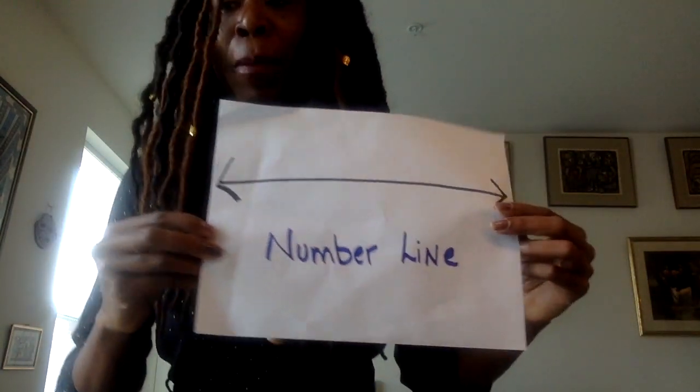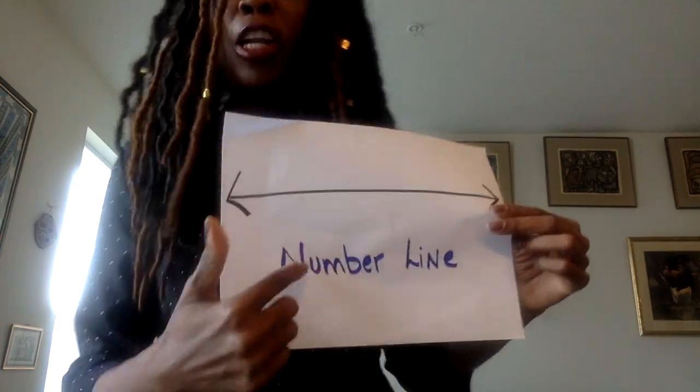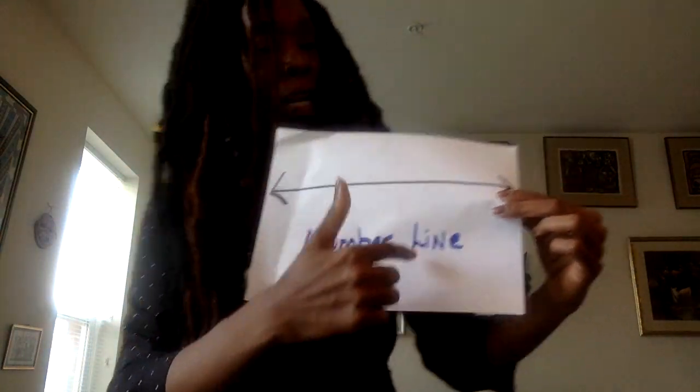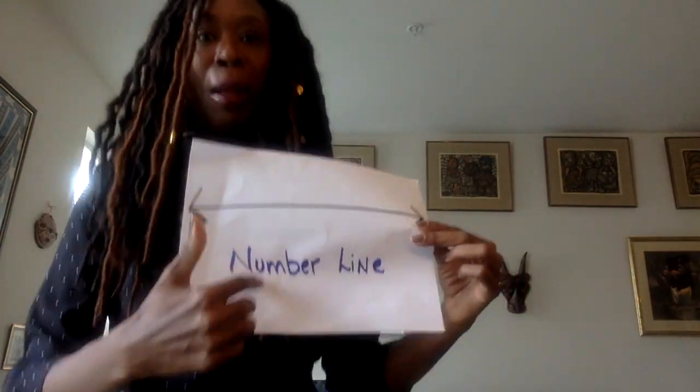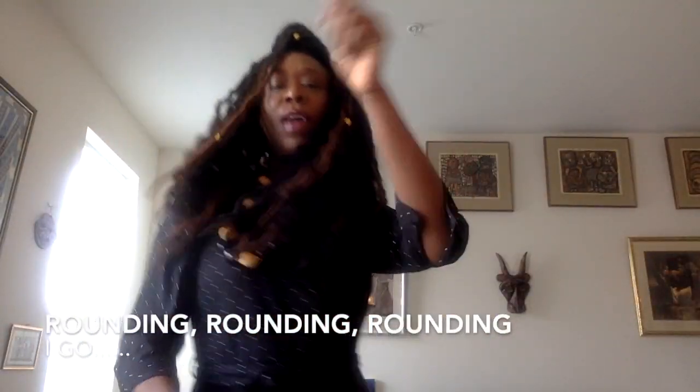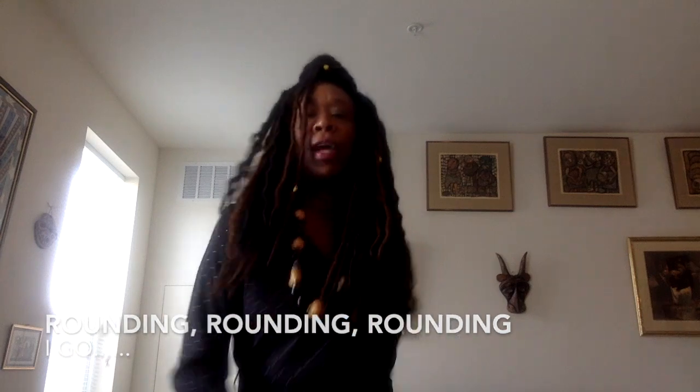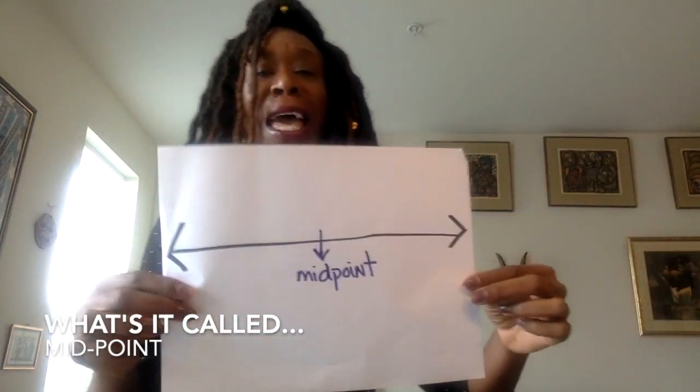Number line. Numbers to the right are always bigger. Numbers to the left are always smaller. What's the number in the middle called?